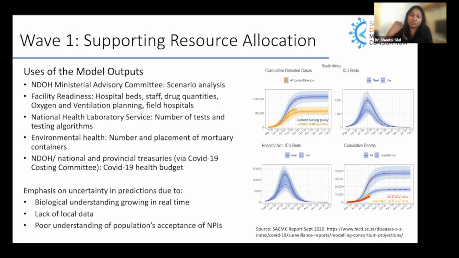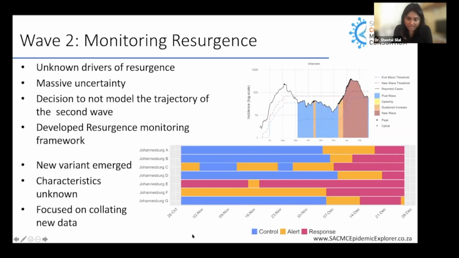So we had to be very responsible in how we communicated our model findings, while also being useful enough to present these model findings to the partners in government, so that it could help them in doing the planning and making the decisions that needed to be made at this early stage of the epidemic.